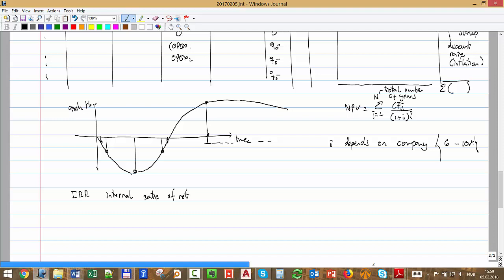Then you have the internal rate of return. That is another number that we look at to see how robust our project is. We say it is the discount rate, that means the I, that gives an NPV of 0.